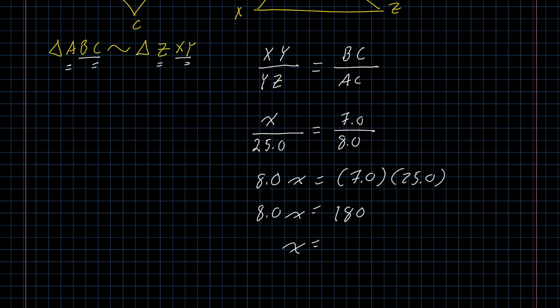And then divide that out, I get 22.5, but again, only two significant digits, so I'll round that and call it 23. And I said at the start of this that x had to be in feet for the units to work out. So I get around 23 feet.